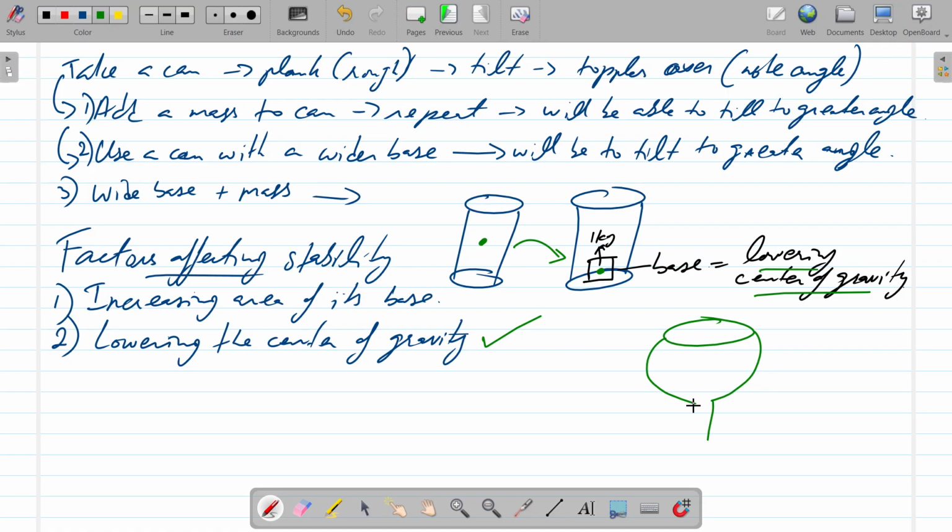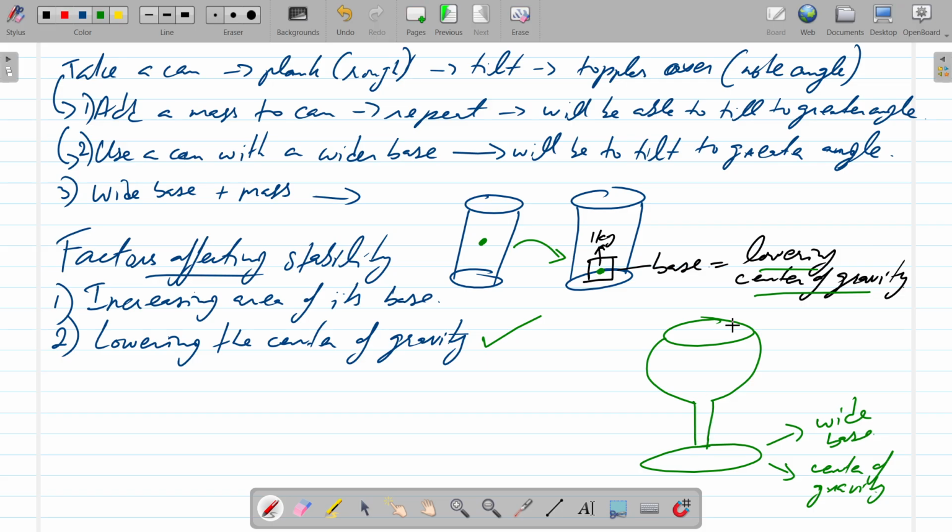And most likely the base is heavier than the rest of the glass, so perhaps the center of gravity is also concentrated in the base.